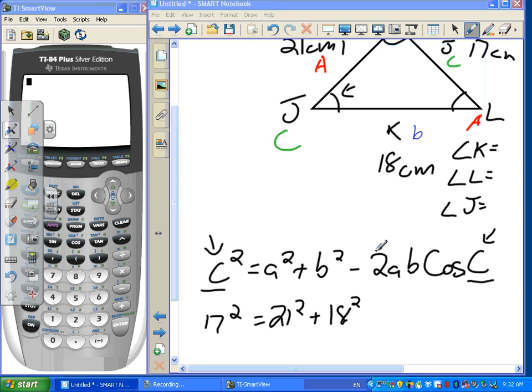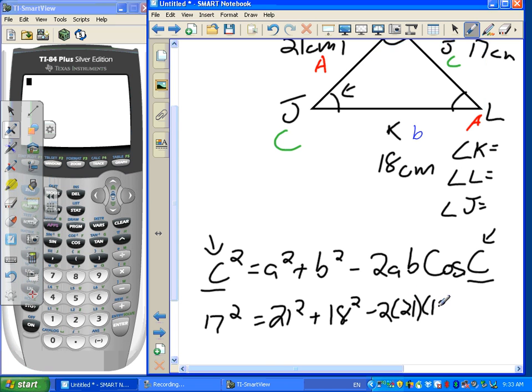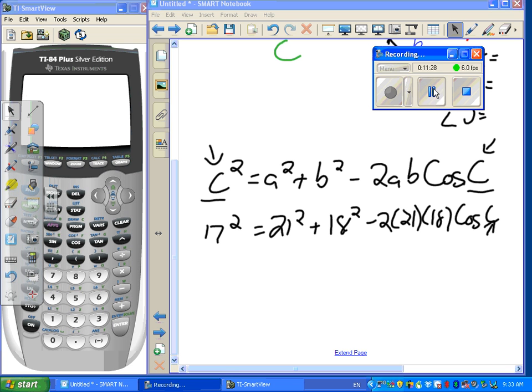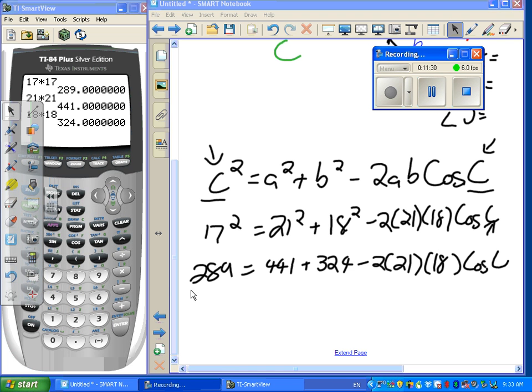Okay, so we have our 21 and 18. 2 times 21 times 18 cos C. So we're still solving for this C here. I'm going to square all of these. Okay, so I squared 17, it's 289. I squared 21, it's 441. And I squared 18, it's 324.